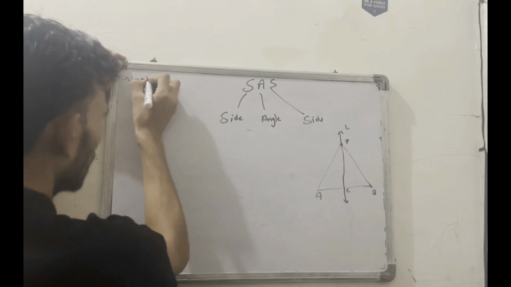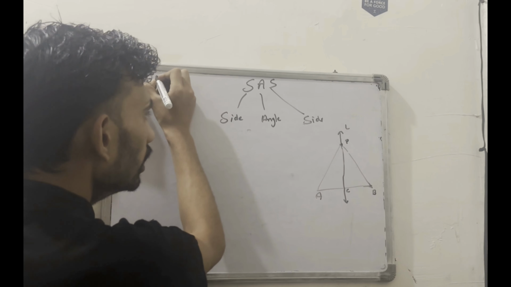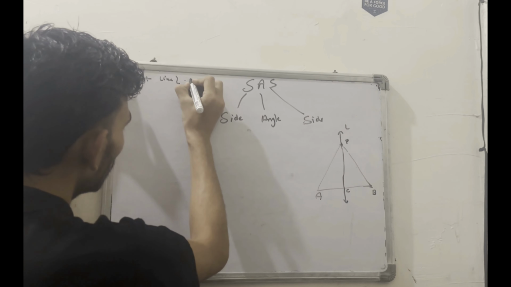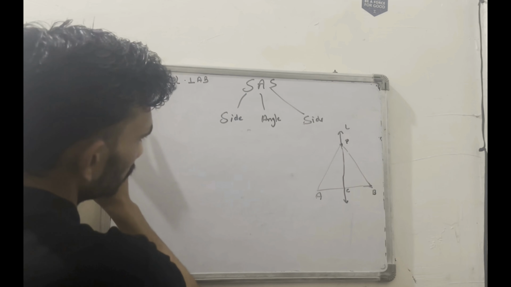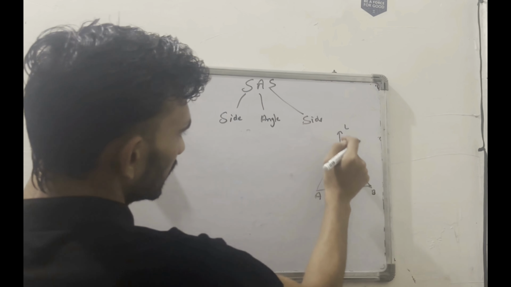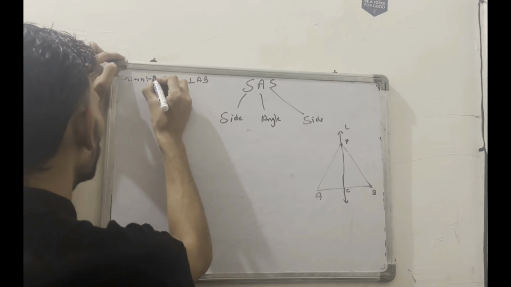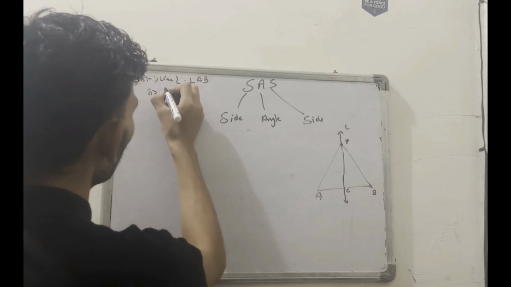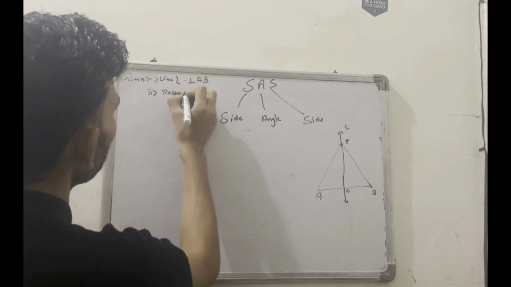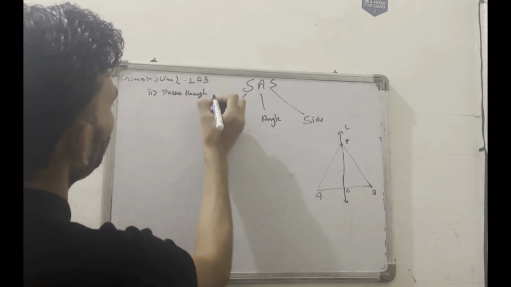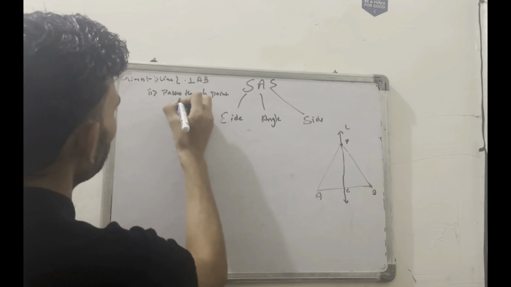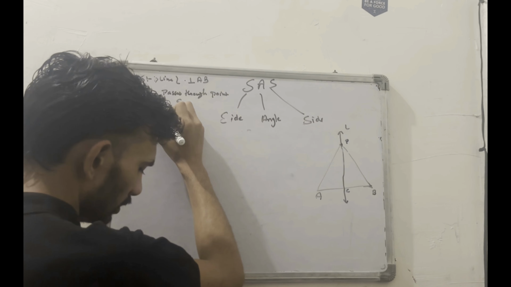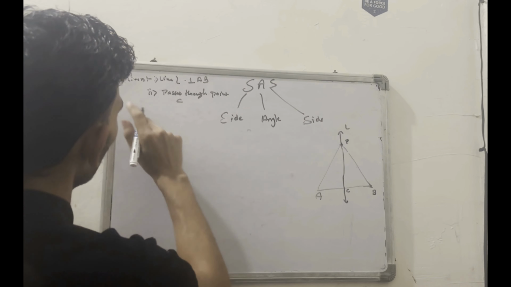The given conditions are: line L is perpendicular to AB. This line is perpendicular, first thing. Second thing is that it passes through point C. The third thing is not given.